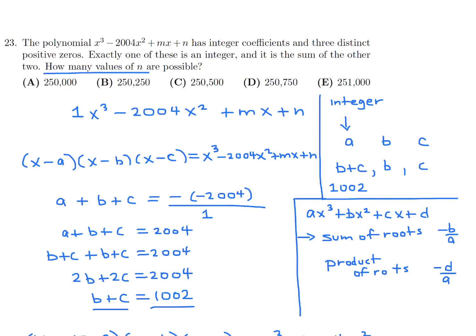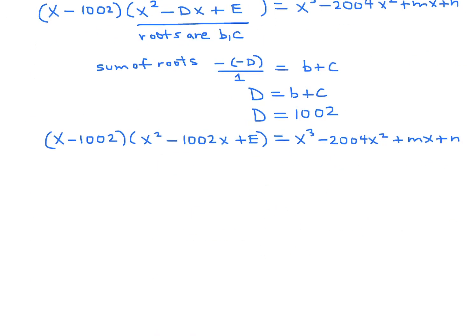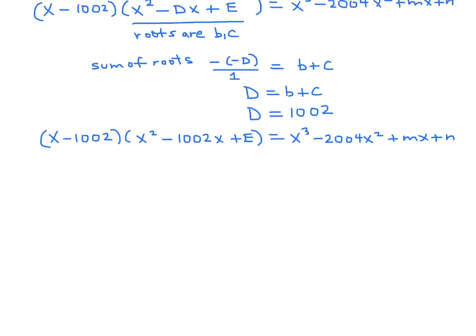They're asking how many values of n are possible. Okay, what's n? Well, n is our last digit right there. How many possible values of n? How do I do that? Well, you do that by figuring out how many possible values of e there are. And once you get that, that will basically be how many possible values of n.